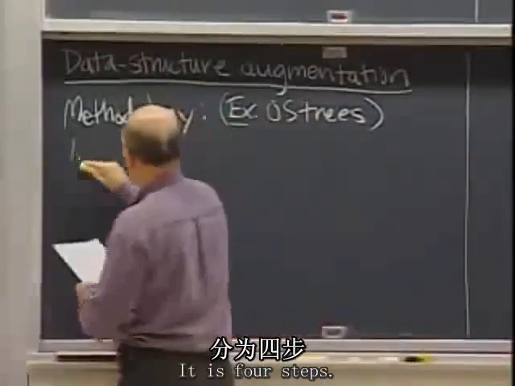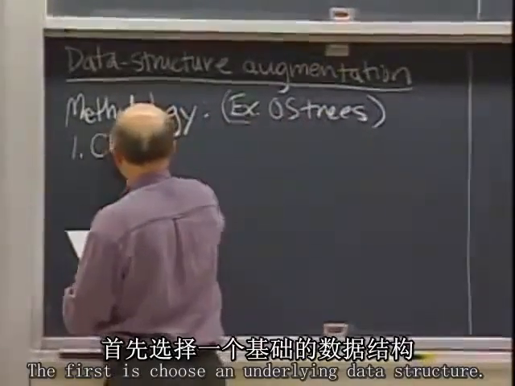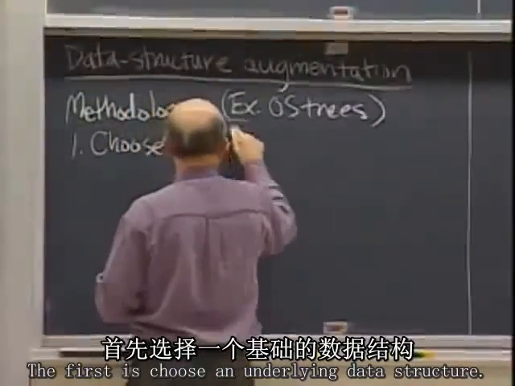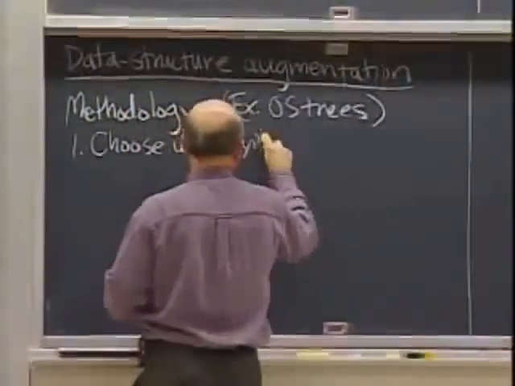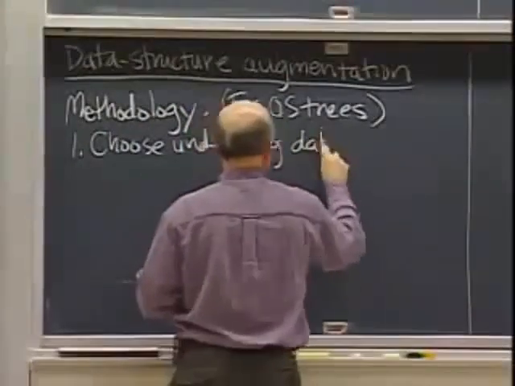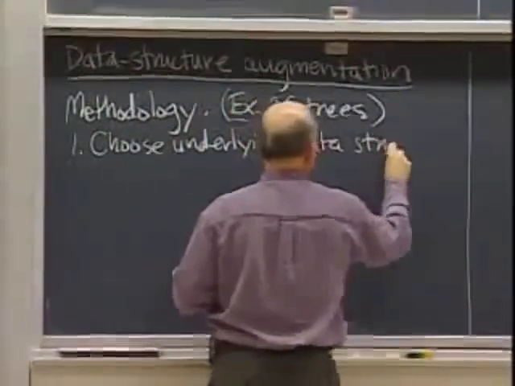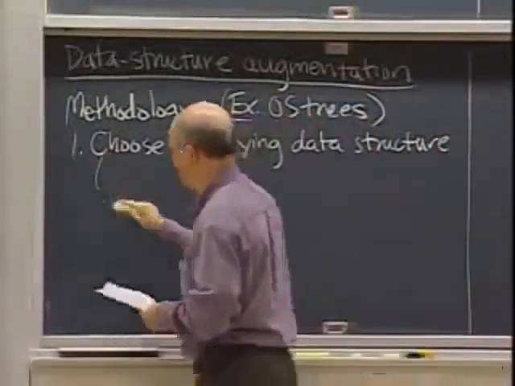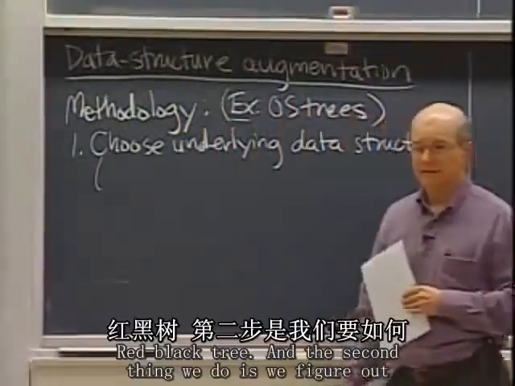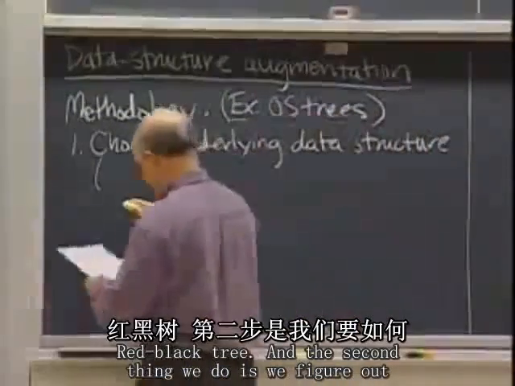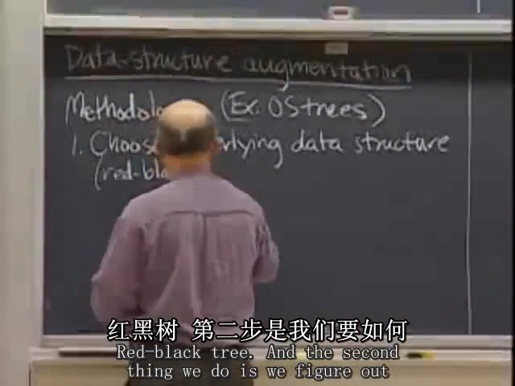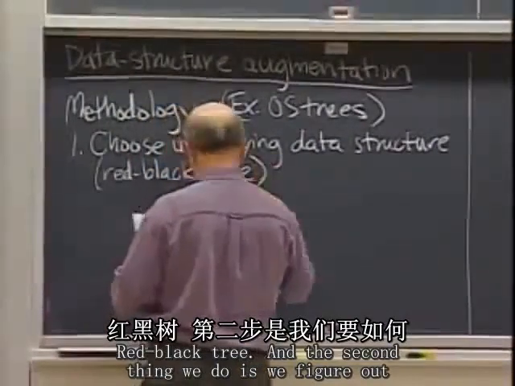So it's 4 steps. Okay, the first is we choose an underlying data structure. Which in the case of order statistics trees was what? Red-black tree. Okay.